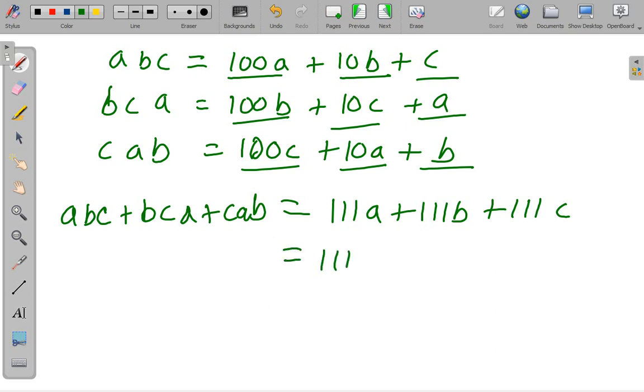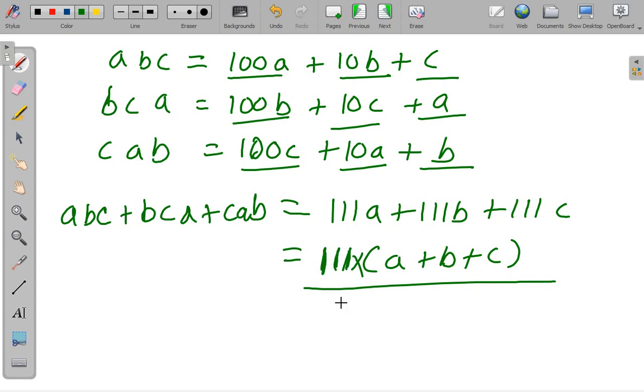On taking 111 as common, we get A plus B plus C inside the bracket. That is what I have been telling you. If you take any 3 numbers in such a manner, their sum will always be 111 into the sum of all the digits. Same with the 2-digit number. For a 2-digit number it is 11 into the sum of those digits.